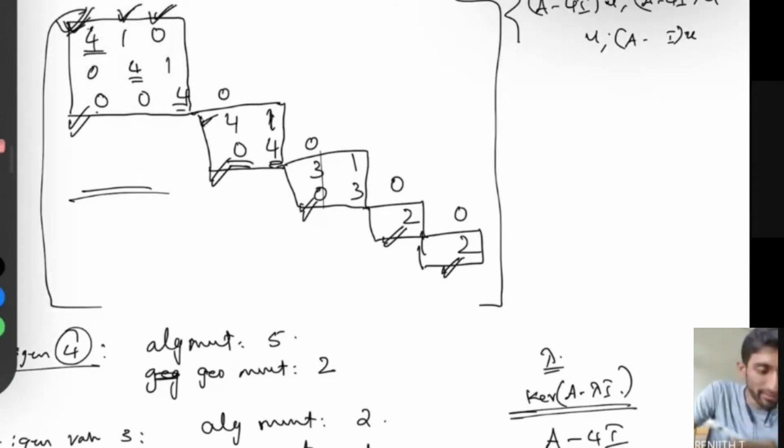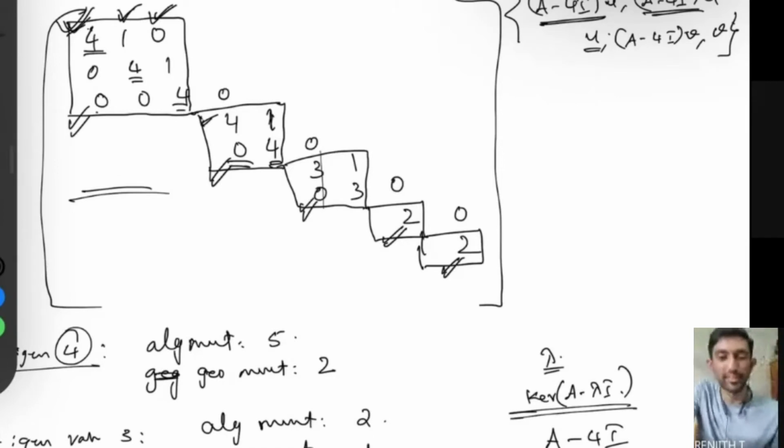This will be the basis for the first part. And for the second part, (A minus 4I) v and v. This is the basis corresponding to eigenvalue 4. So this will be an eigenvector, and these two things will be generalized eigenvectors. And this will be an eigenvector, and this will be a generalized eigenvector.